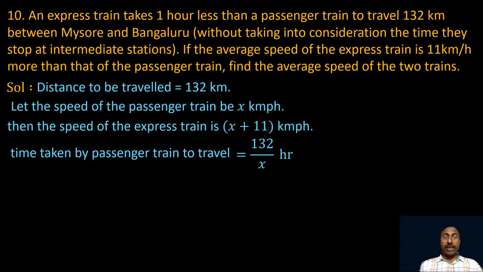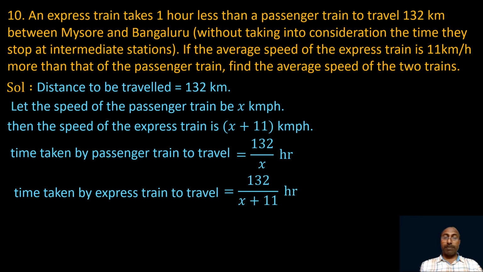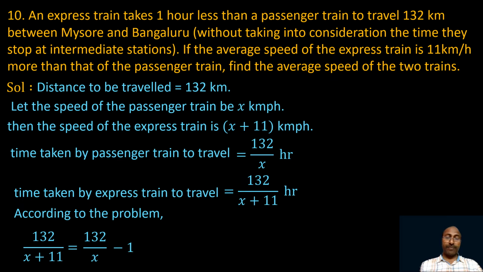Similarly, the time taken by the express train to travel is equal to 132 by x plus 11 hours. And now it is given that the time taken by the express train is 1 hour less than the time taken by the passenger train. That is 132 by x plus 11 is equal to 132 by x minus 1.